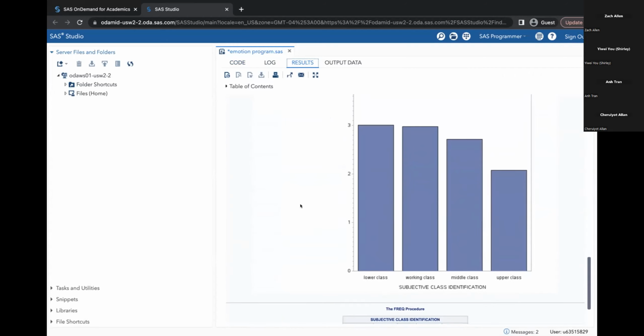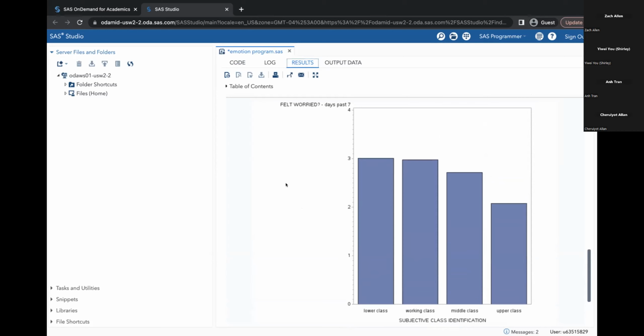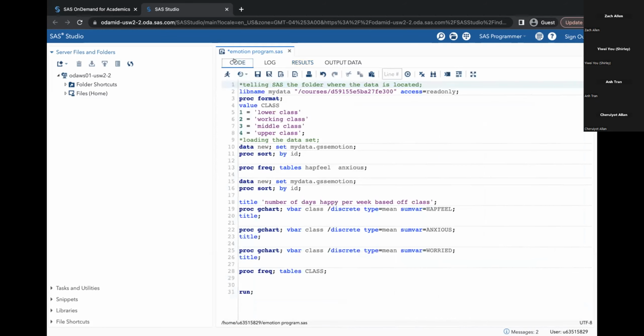Worried is a little bit flatter for working class, but they still have the highest, and it goes less worry the higher you get. That's interesting. There may be more supports for people in the lower class than working class, and that might even it out a little bit. Okay, I love it. So that's what I have so far. I might look at other emotions to see if there's a bigger gap between any of them. Perfect. Let me show you one more thing too.